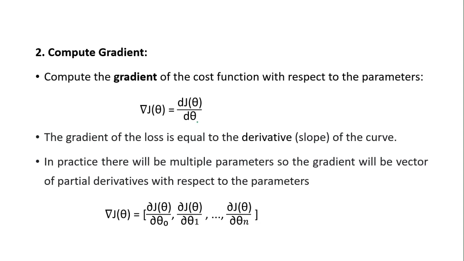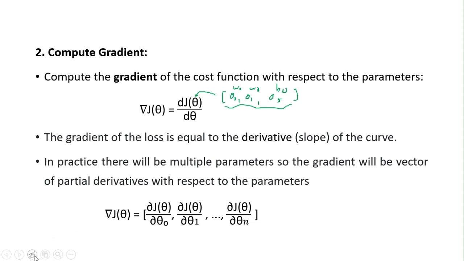Now, in practice, this theta, as I told you, has multiple parameters like different weights W0, W1, W2, etc., and different bias terms B0, B1, B2, etc. So there will be different terms in theta. Theta 0 may be W0, then theta 1 may be W1, then theta 5 may be the bias term B0, etc. So it will be a vector like this. That means there will be different parameters inside this theta.